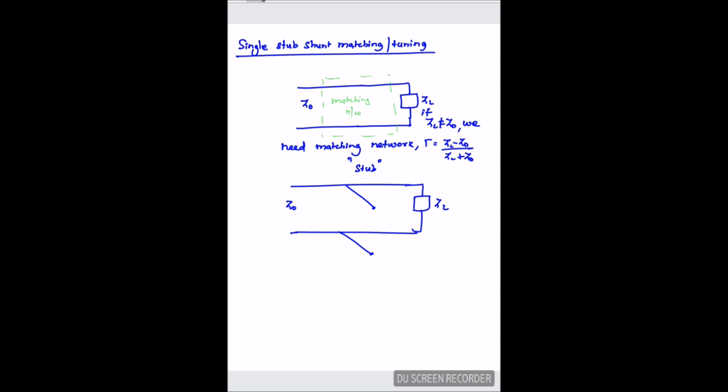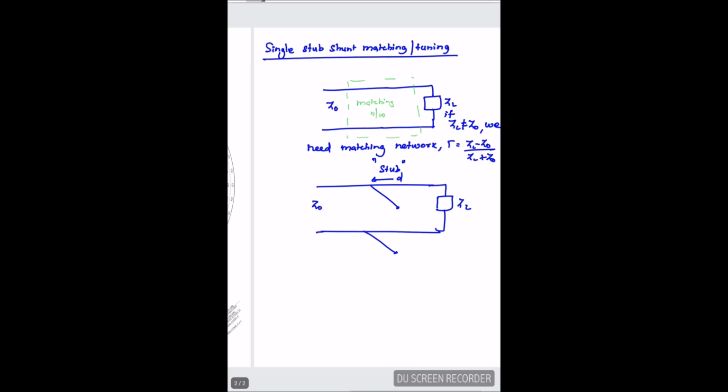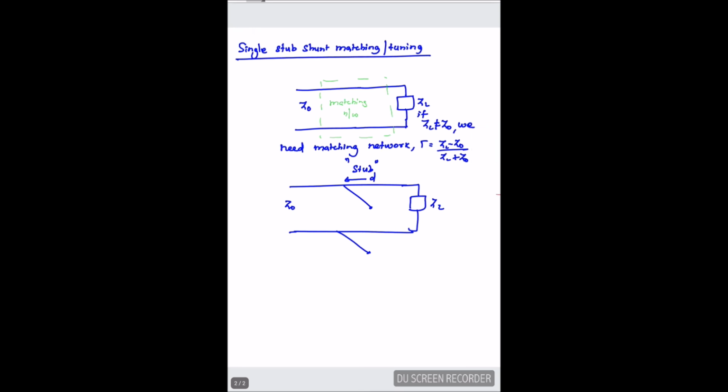When I want to place the stub, I should know two variables: one is the distance from the load, and the other is the length of the stub, so that I know exactly where to fix the stub and what the length of the stub should be.